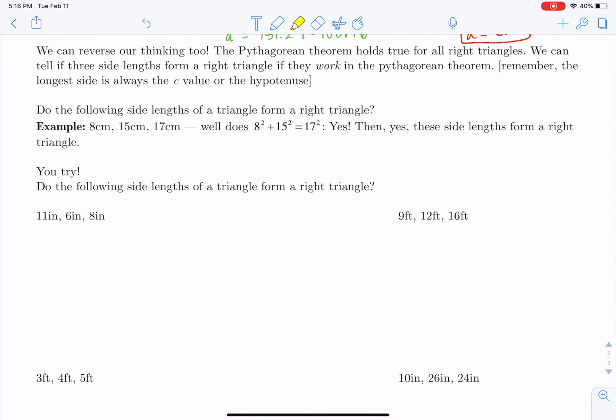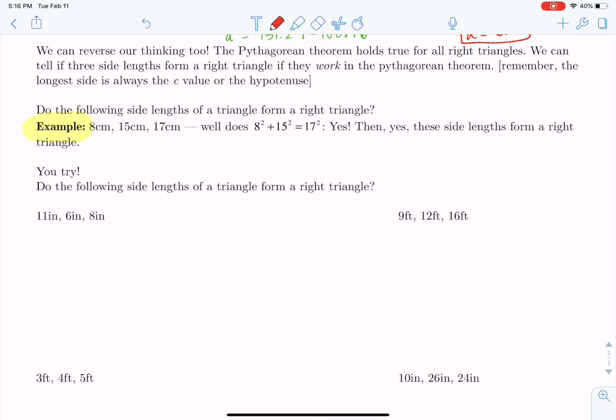Then we can reverse our thinking too. The Pythagorean theorem holds true for every right triangle. So we can tell if three sides form a right triangle if they work in the Pythagorean theorem. And remember that the longest side is always the C value, which is the hypotenuse. So here's an example. It says, do the following side lengths of a triangle form a right triangle?